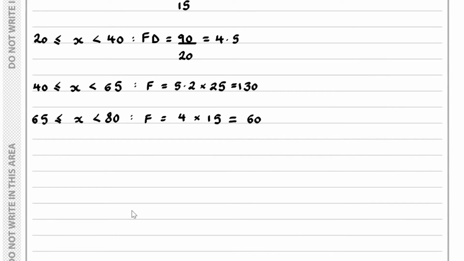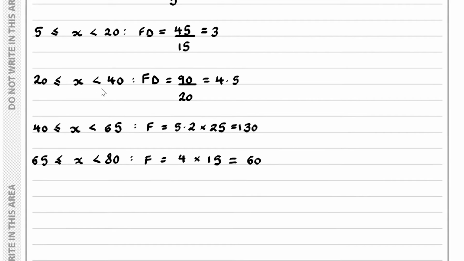So now what I can do is find out the median. First of all, we've just found the total number of passengers is equal to 331. And with this we can find out the position of the median.